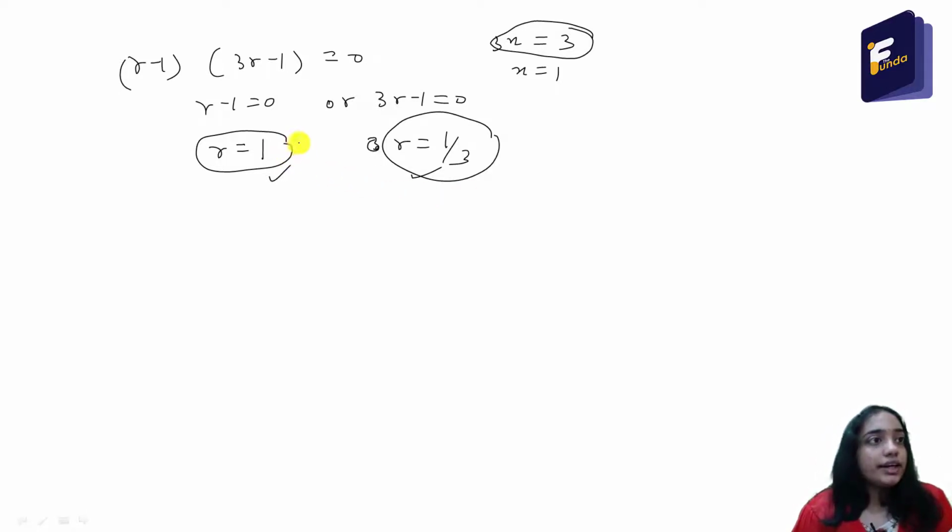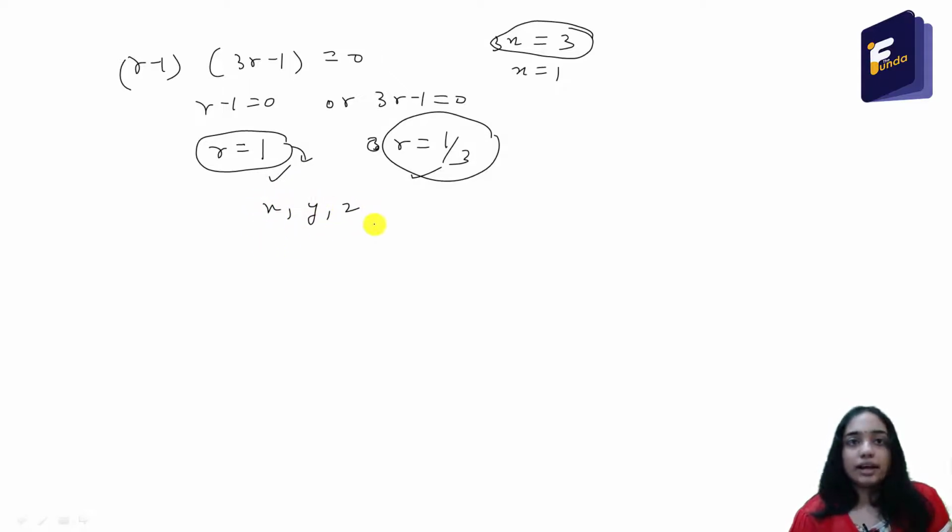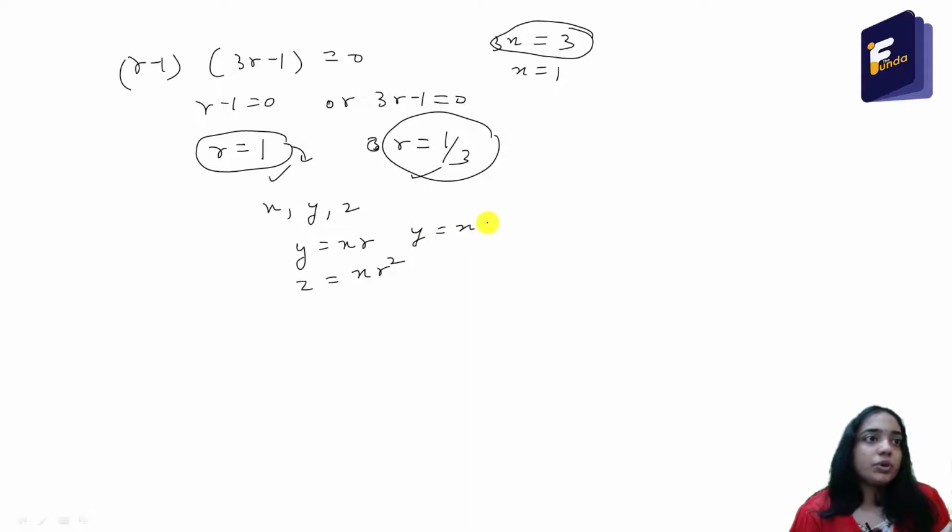If I take r equal to 1, we already know that x, y and z were in a GP, so y equals xr and z equals xr square. So if I take the value r equal to 1, then y will be equal to x and z will also be equal to x.